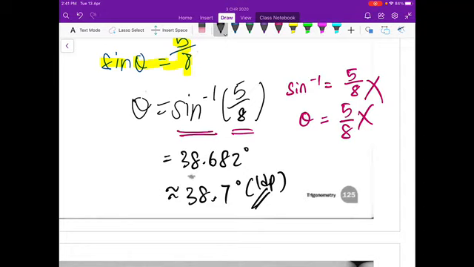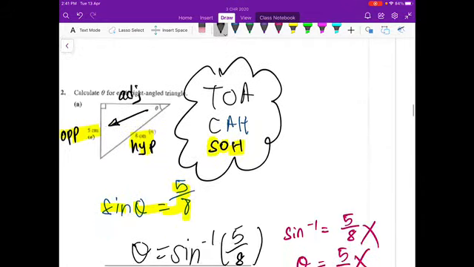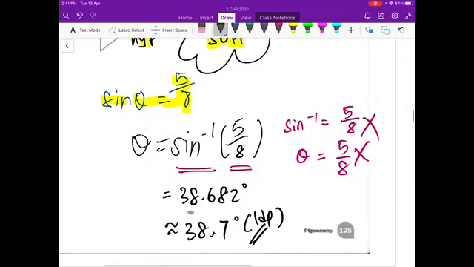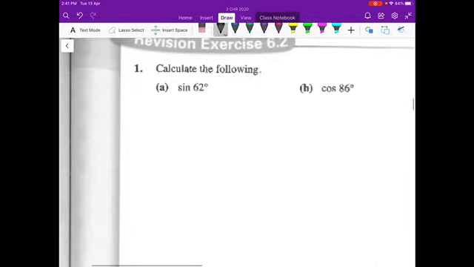Okay, so the next page. Okay, done with this question? Next one. Calculate the following sine 62. Just use your calculator. Make sure you are in the degree mode. Sine 62.